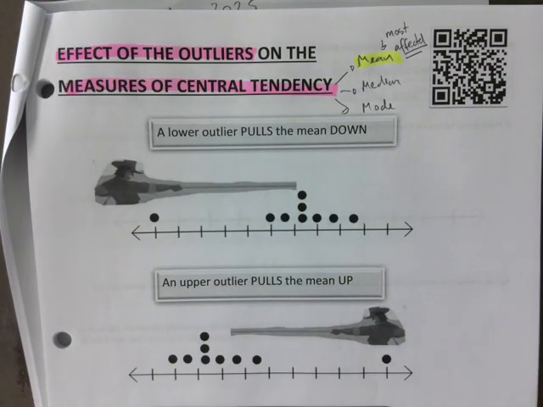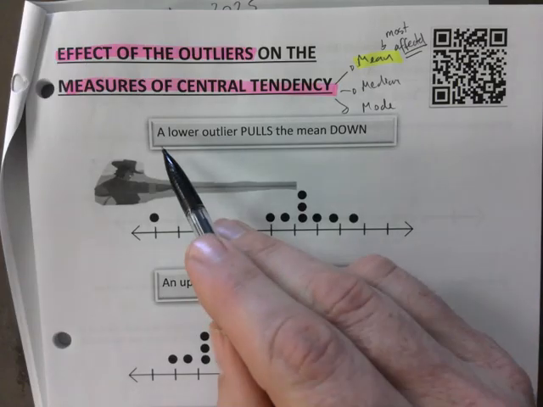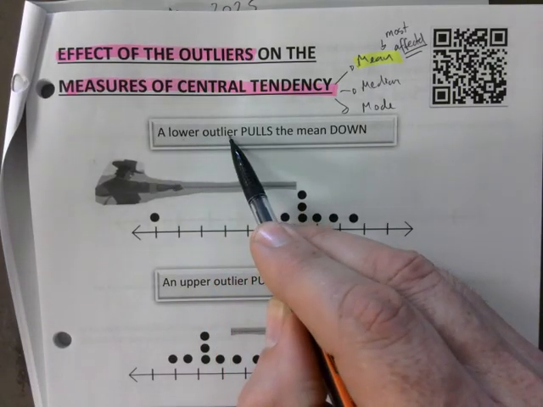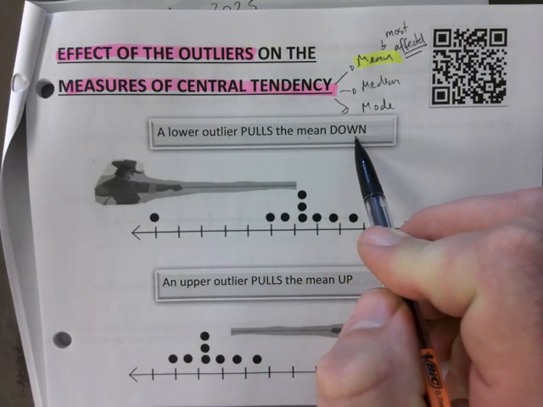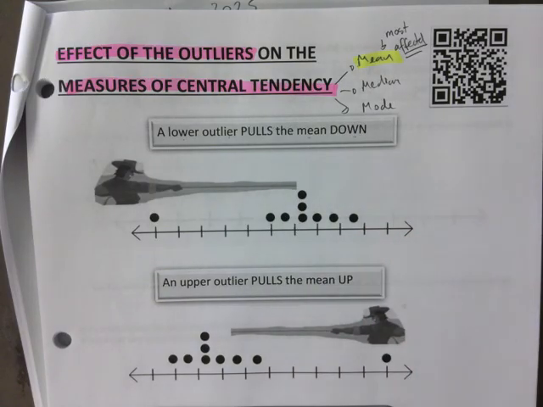Okay, so this is the important concept here. A lower outlier pulls the mean down. I think you can wrap your head around it. Let's say test scores. You score 60, 70, 80. All of a sudden you get a 0 because you didn't show up. What's going to happen to your average? It's going to go down, right?